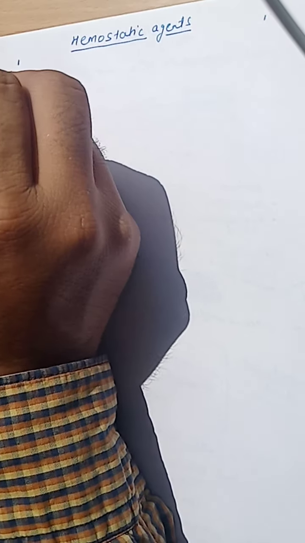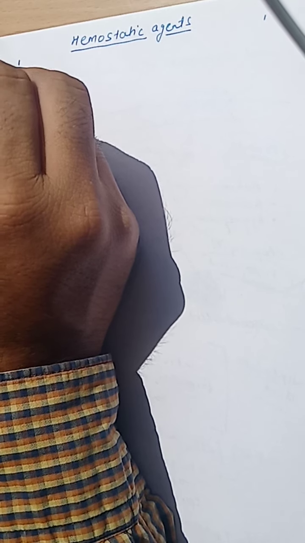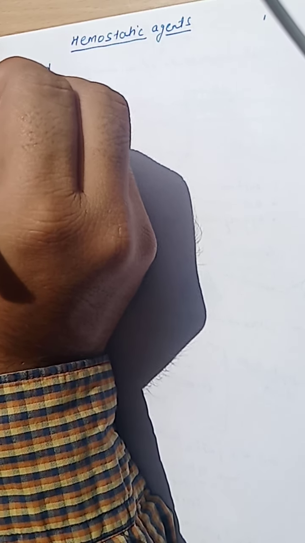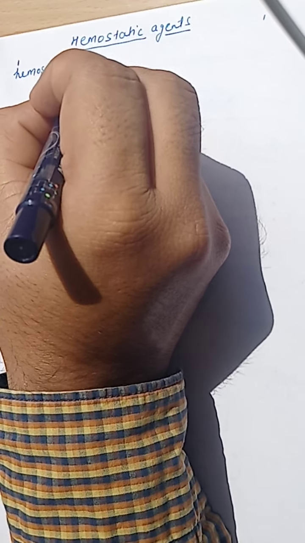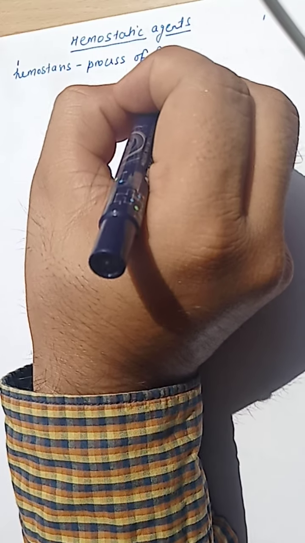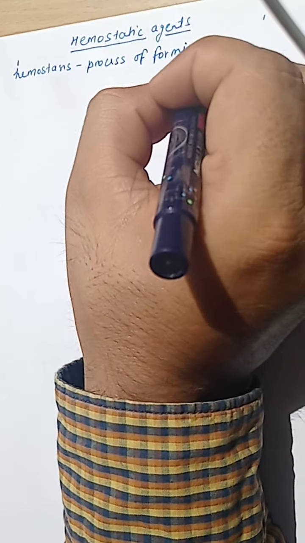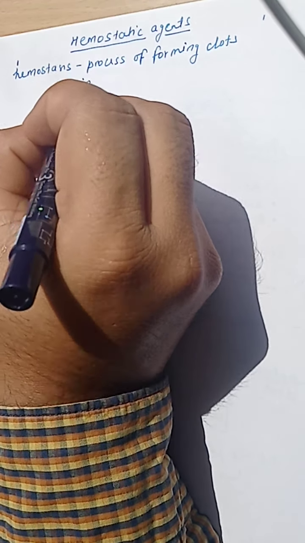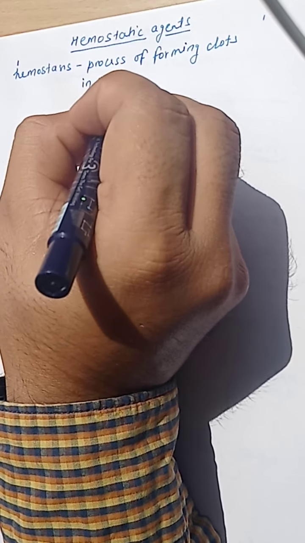In this video I am going to discuss another topic, the hemostatic agent. First you have to understand what hemostasis is. Hemostasis is a process of forming blood clots in the walls of damaged blood vessels.